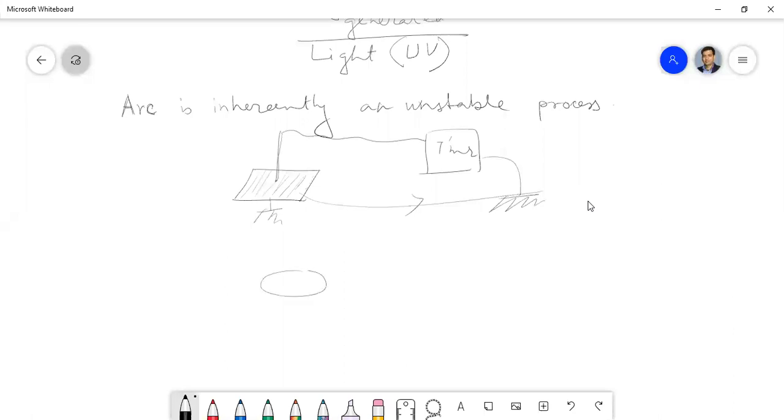Suppose the arc has been formed and it is through this surface, and this surface has a surface area of A. Okay, now arc current is any current, not the arc current, any current, you know that inversely proportional to the area.